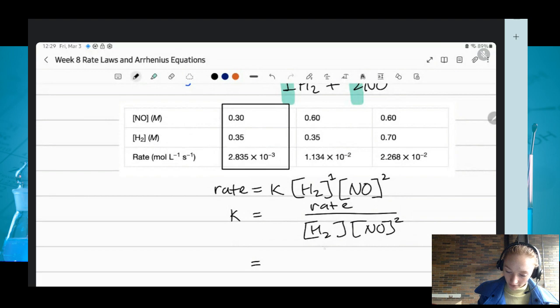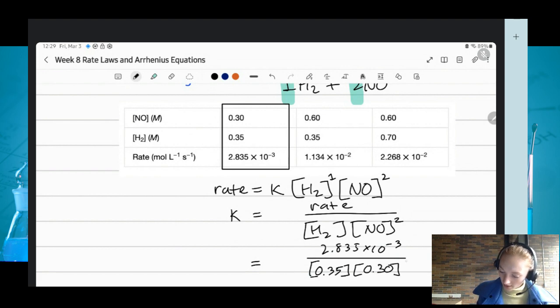So we will have a value of 2.835 times 10 to the negative third for the rate, divided by the concentration of H2 gas, which is the 0.35, and then the 0.3 for the nitrogen monoxide squared.